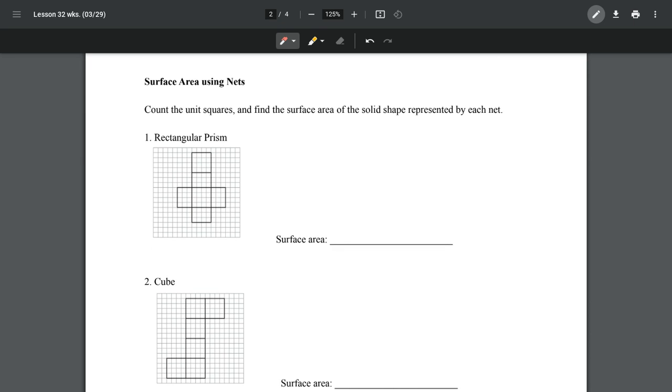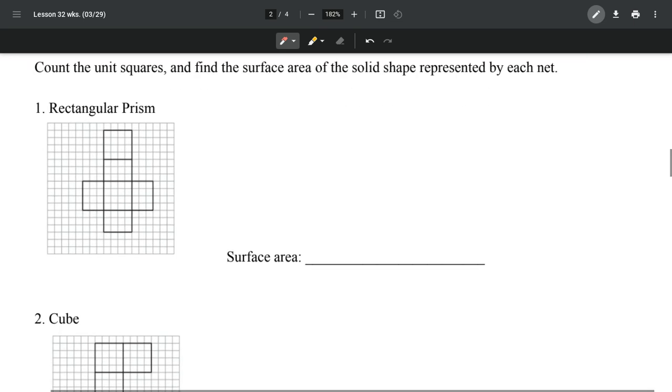Surface area using nets. So again, surface area is the sum of all faces, all surfaces. And we are looking at the rectangular prism. It says to count the unit squares and find the surface area of the solid shape represented by each net.